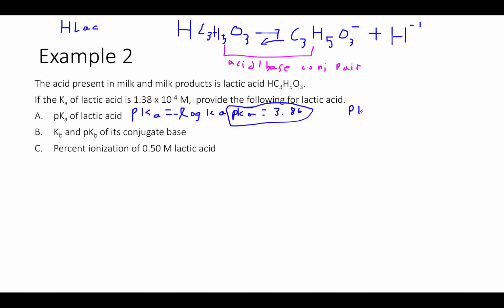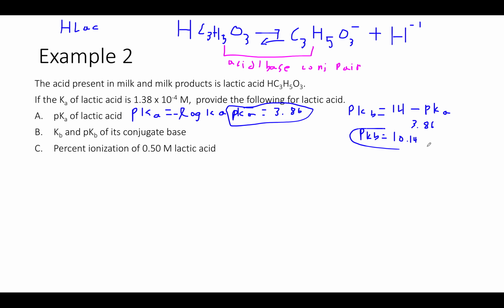The pKb would equal 14 minus the pKa. The pKa here is 3.86. So the pKb would equal 10.14.